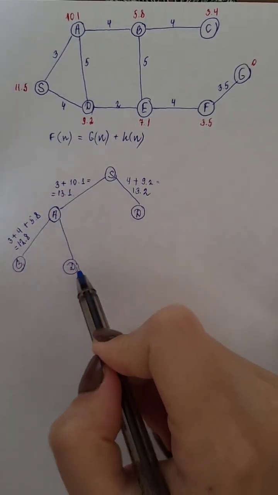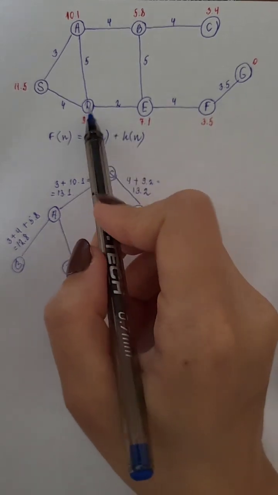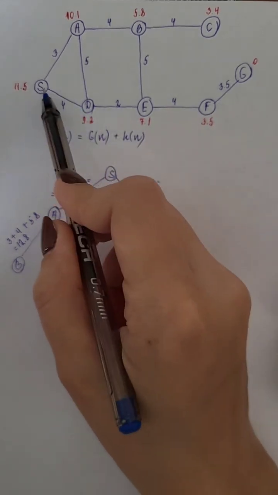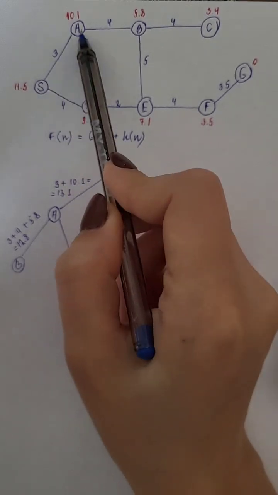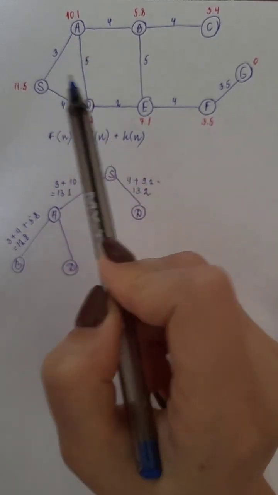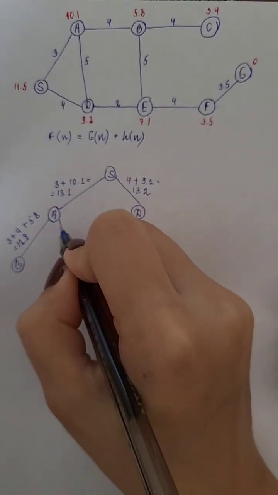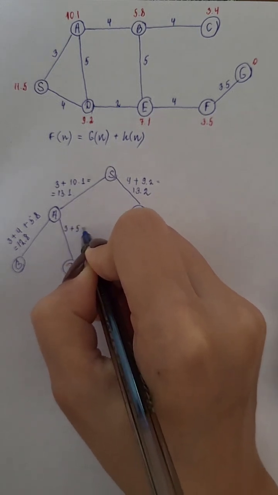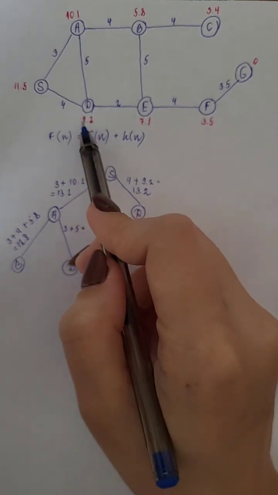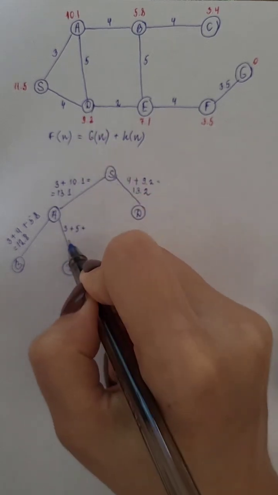And let's look at D. The distance from S to D, this one, 3 plus 5. So I will write here 3 plus 5 plus, what's the heuristic value of D? 9.2.